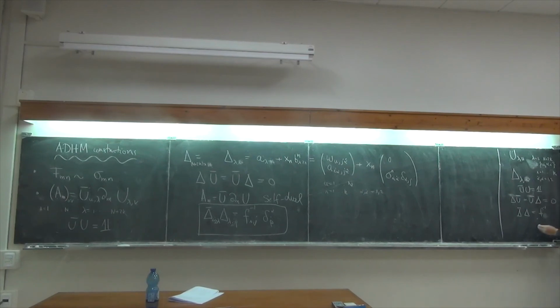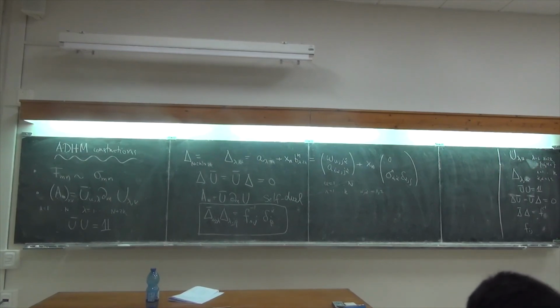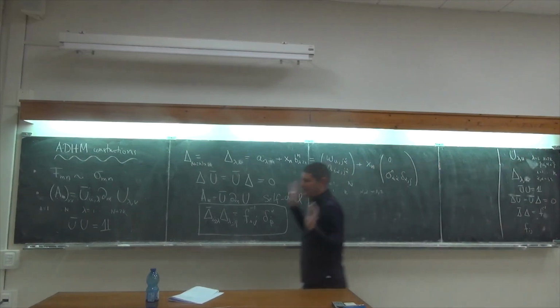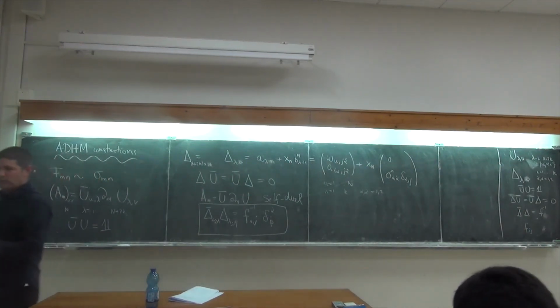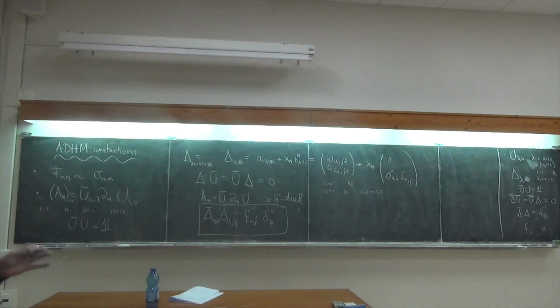Where F is, let's write also here, F is the matrix I is of... so these are the ingredients of the ADHM concept. Okay? Keep in mind that the computation we do today, you do once in your life.